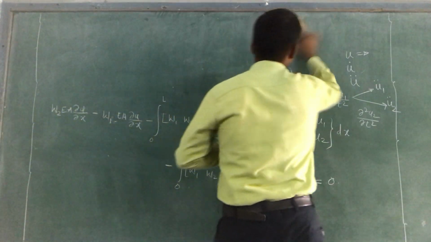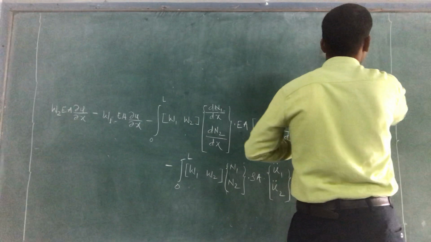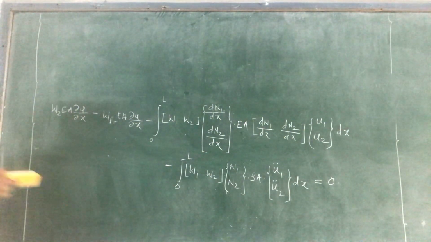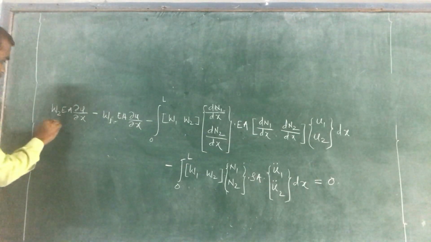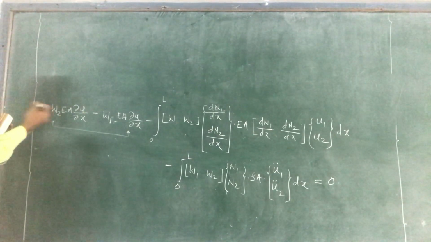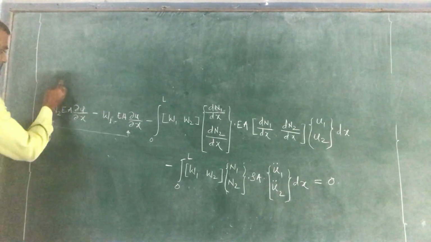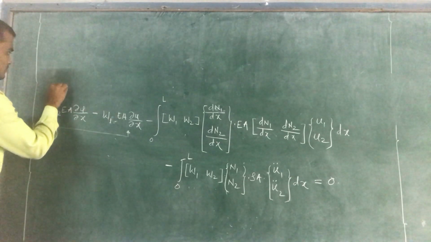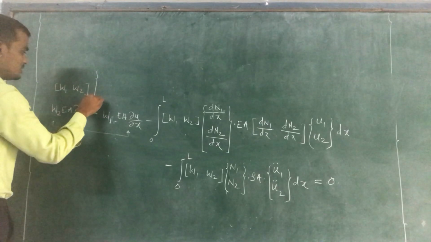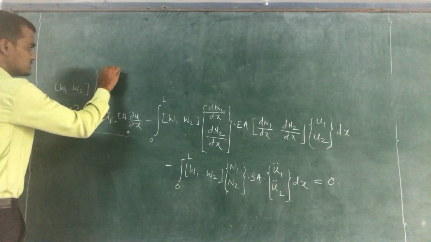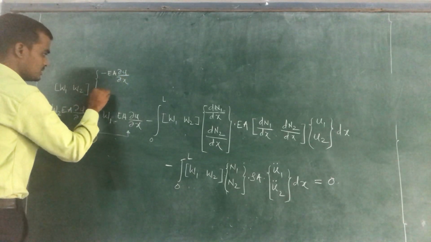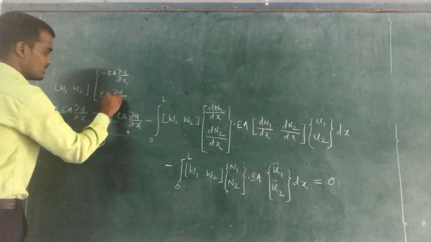Now we will solve this integration to get the elemental stiffness matrix. These two equations can be written in matrix form as w1 w2 into minus EA ∂u/∂x, EA ∂u/∂x. Because if we multiply w1 into minus EA ∂u/∂x, that is this term, and w2 into this, that is the other term.